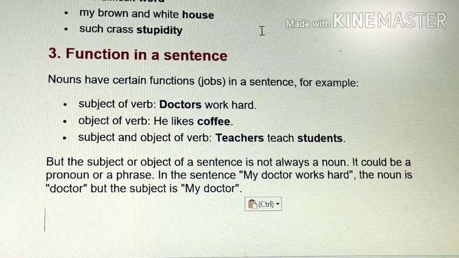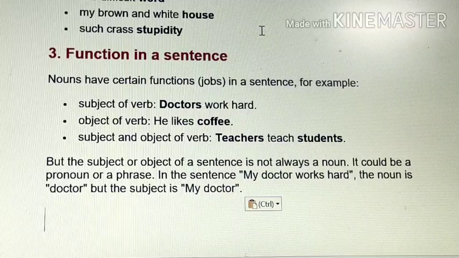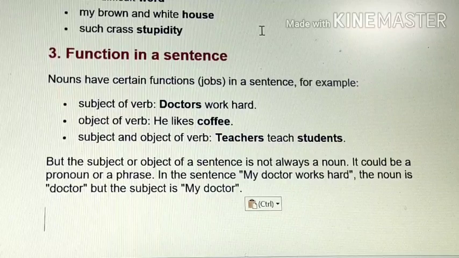Sometimes in place of nouns we can use pronouns as well. Suppose in a sentence, "My doctor works hard." The noun is doctor, but the subject is here "my doctor." Can you see? Doctor is a noun, but you cannot say that "my" is also a noun. So here "my" is an adjective actually, called a possessive adjective.